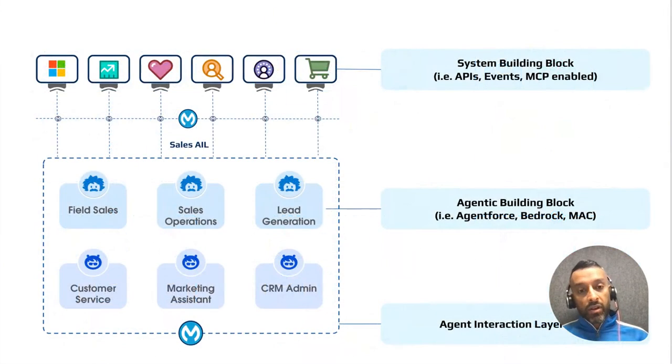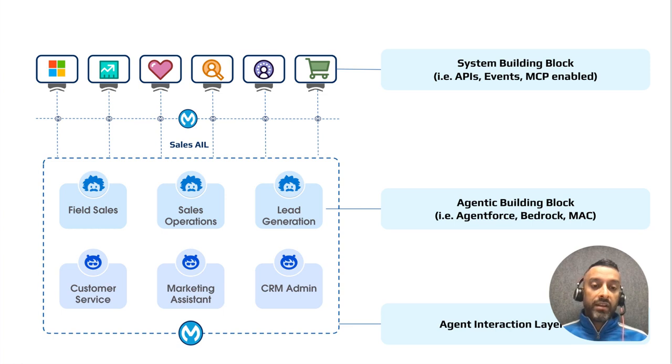And as we are talking about a layer, when we look into one interaction layer, you will see there are system building blocks, and this is where the traditional system interaction protocols are. Events, APIs, MCP will be there as well, and the whole API layer is all bundled in the system building block. Then you have the agentic building block, which has different types of agents from different frameworks available to be handled.